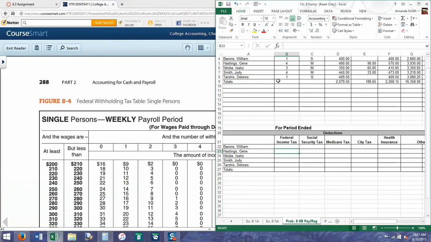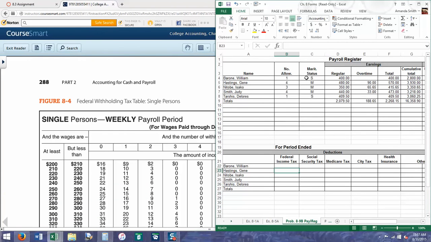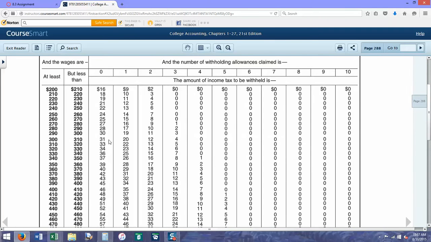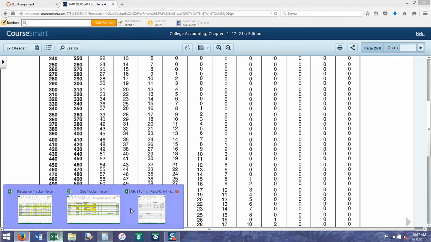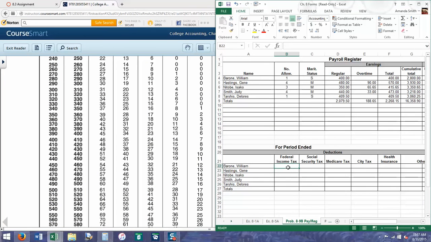So the first employee is single, 1 allowance, and $400. Single, $400 at least, but less than 410, is going to make it $35 because the first column is 0 and the next column is 1. So this one has $35 withheld.